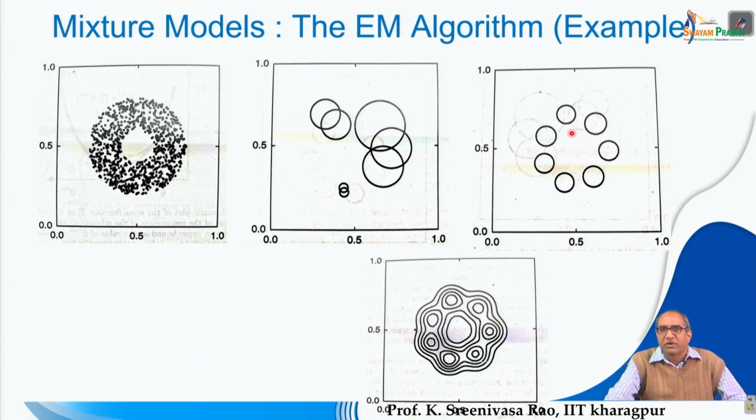Initially we used a random guess to place the Gaussians, but later, based on the EM algorithm, estimating the parameters step by step in consecutive iterations, at the end of 20 iterations you can see the Gaussians are placed like this.